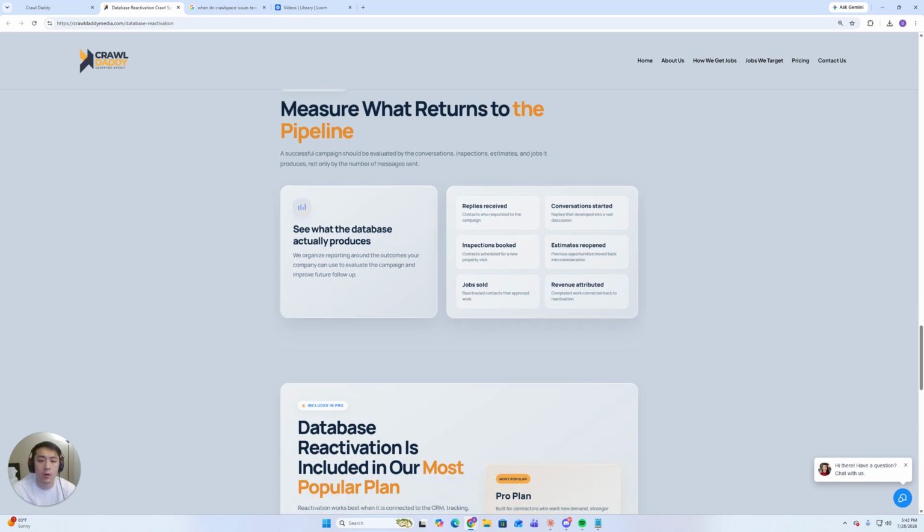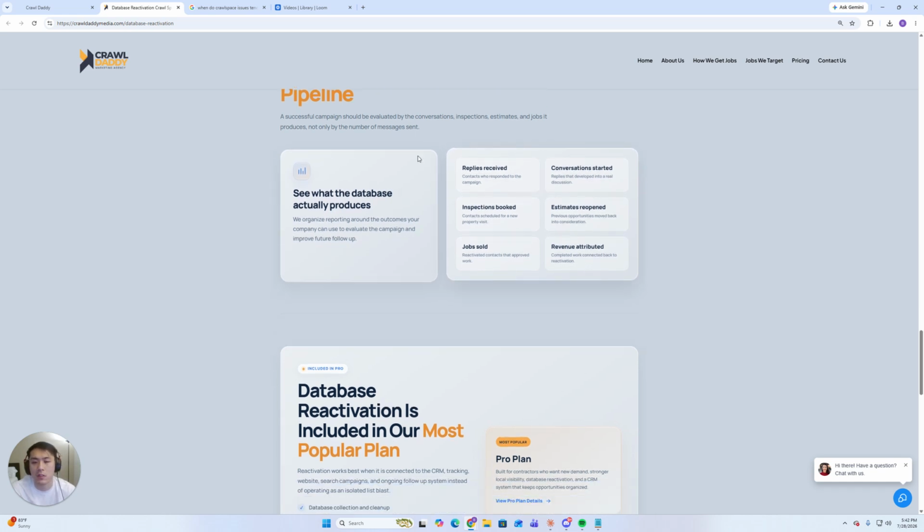And what we hope database reactivation does for you is that during your slow months, such as the hot summer months, when your business slows down and you have idle crews, we can prompt some more leads and get you a more consistent business flow.